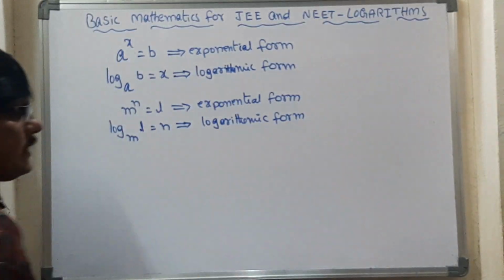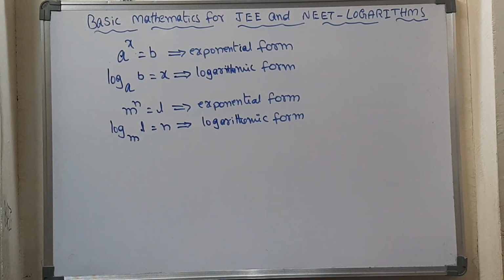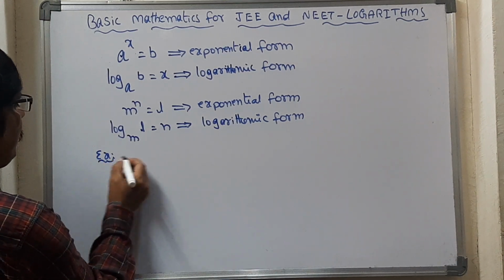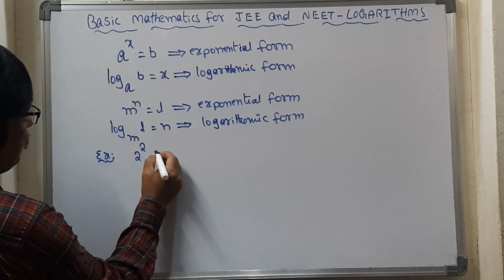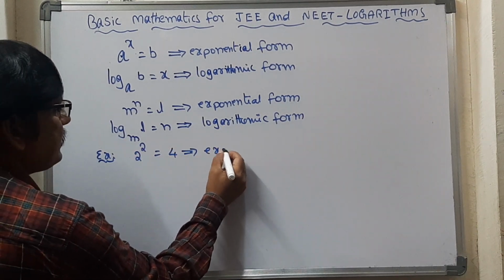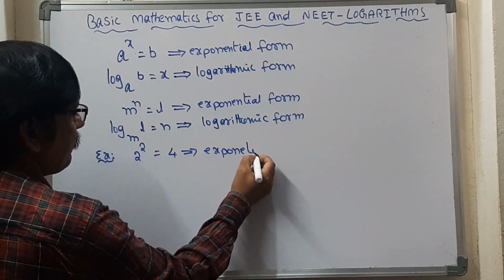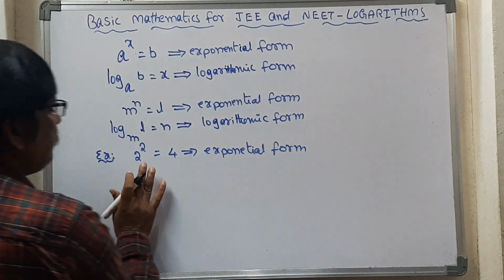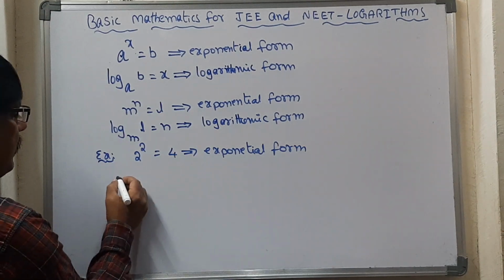Now let us take some numerical examples based on this. For example, 2 power 2, 2 square is equal to 4. What do we call this? This is an exponential form. And what is the logarithmic form for this one? Let us write log.